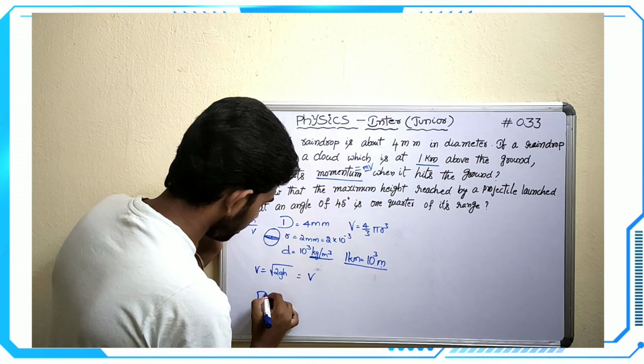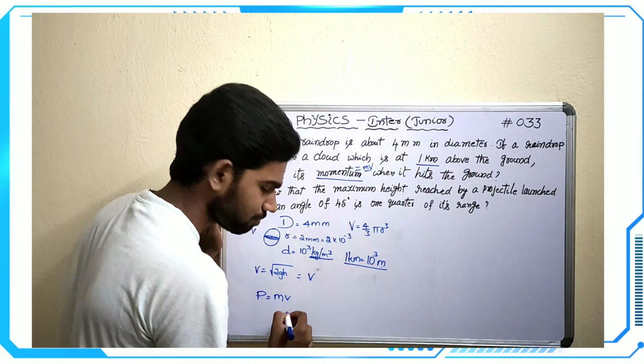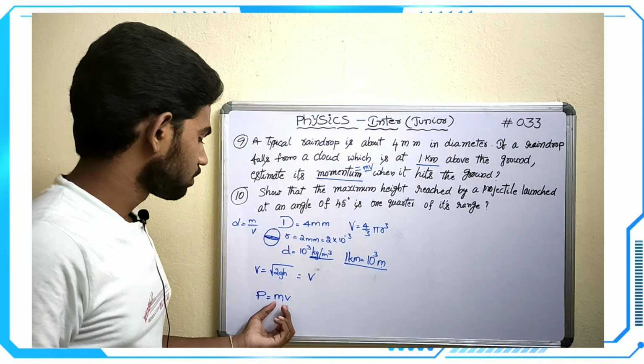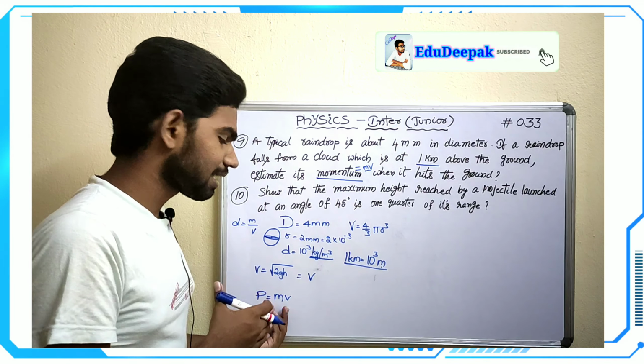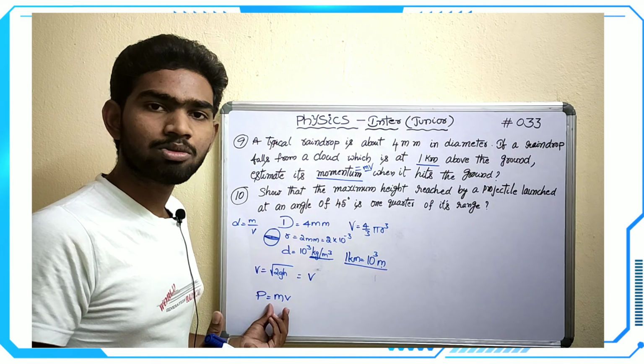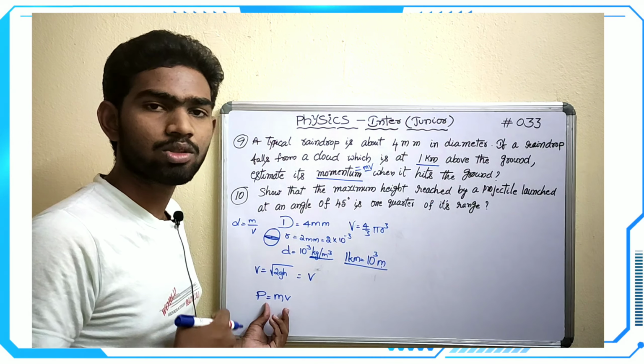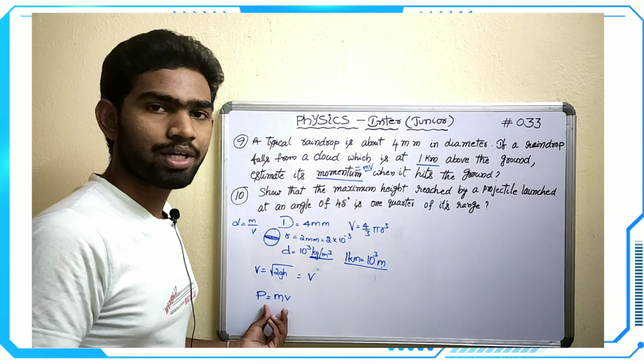Required momentum is P equal to m into V, mass into velocity. This problem has somewhat more calculation, so I am skipping the calculation part to save your time in the video.